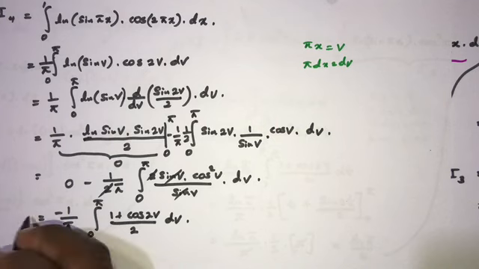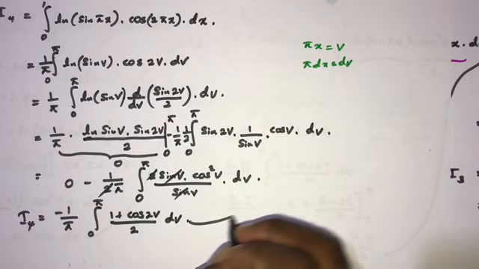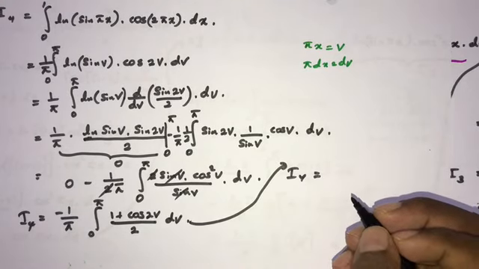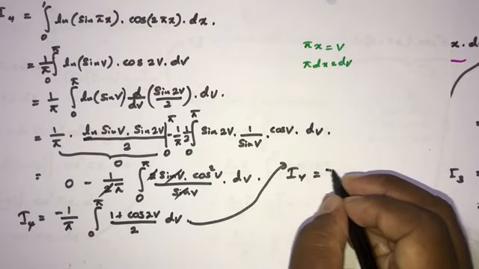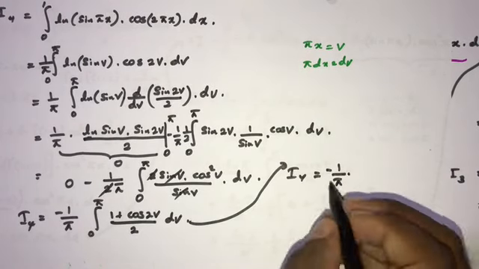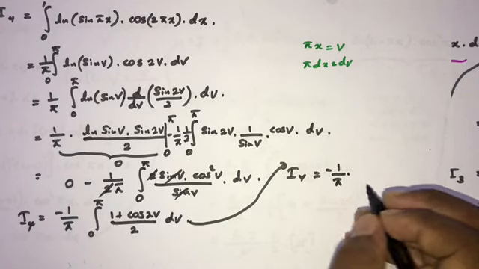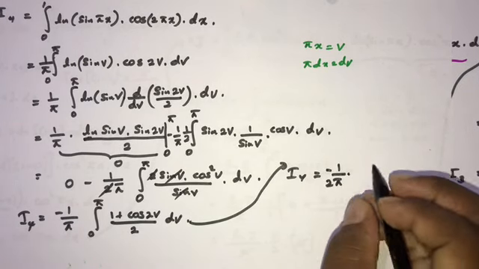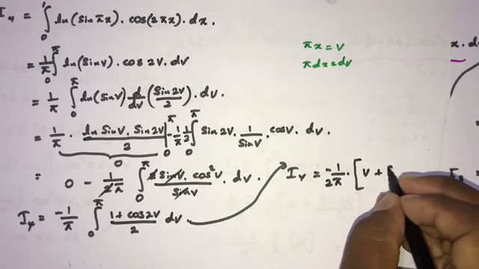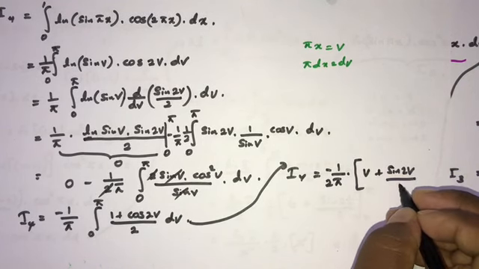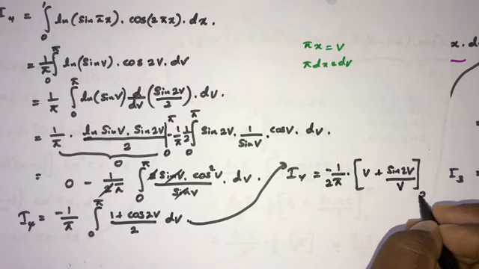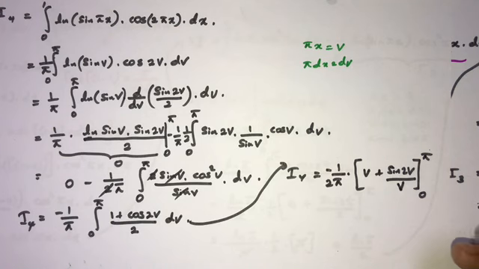We know this is I4, so now I4 is equal to minus 1 over π, here 2 is a constant, so 2π, now here v plus sine of 2v over 2, v from 0 to π.